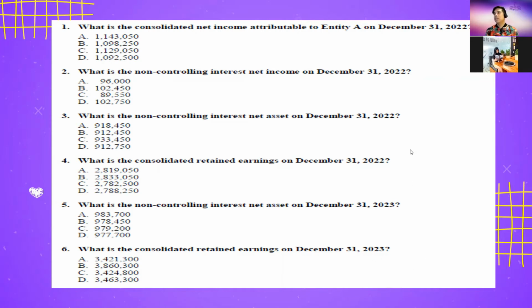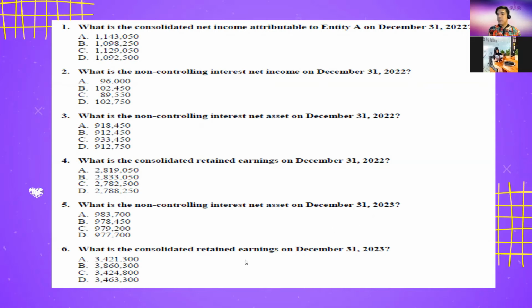Baka kasi magkamali ka. Number 2, what is the non-controlling interest net income on December 31, 2022? Number 3, what is the non-controlling interest net assets on December 31, 2022? Number 4, what is the consolidated retained earnings on December 31, 2022? 5, non-controlling interest net assets on December 31, 2023.